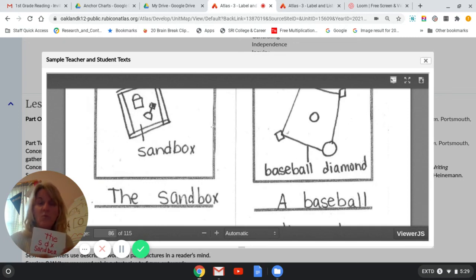And then when people read your books, that gives them clues about what words you're writing. So boys and girls, let's be strong writers today. Work hard through that word that you want to write, sound it out sound by sound, and write down a letter for each sound that you hear.